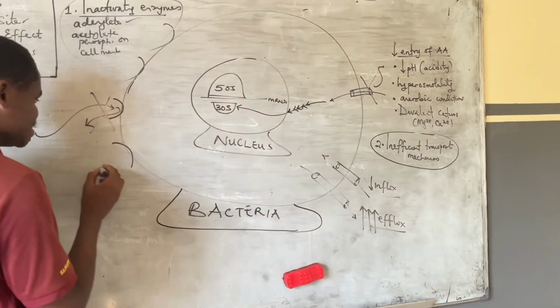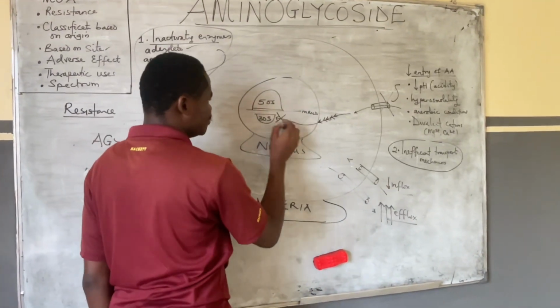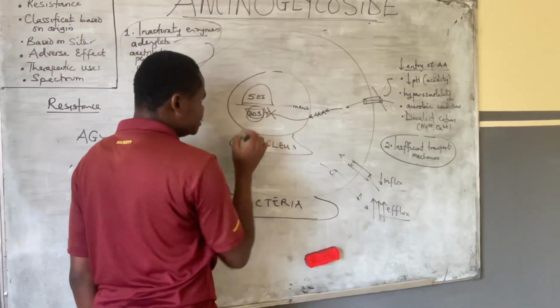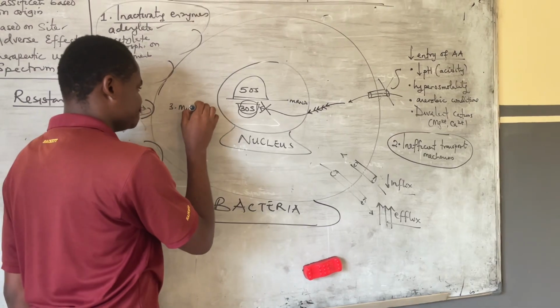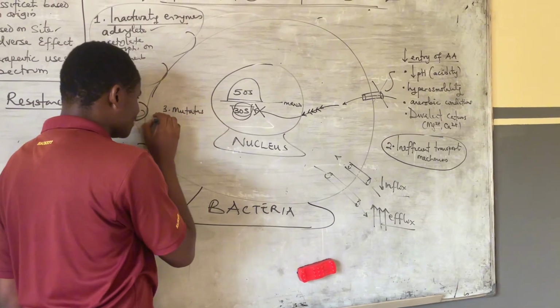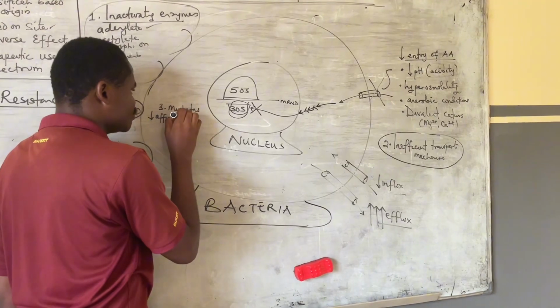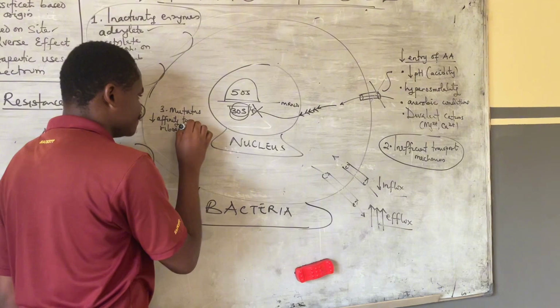Now, the number three mechanism of resistance is that in these 30S ribosomal units, there could be some mutations around the positions where these aminoglycosides will bind. So we say number three, mutations that cause a fall in affinity to the ribosomal proteins. Good.